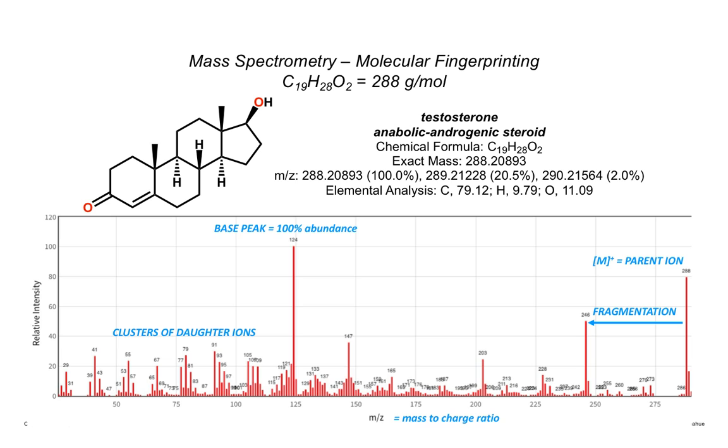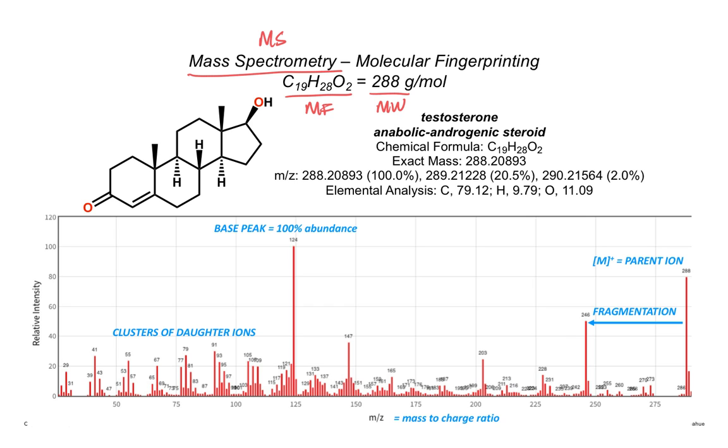And so what is mass spectrometry? Again, abbreviated MS. It's basically molecular fingerprinting. And we went through the exercise of determining the molecular formula and then the molecular weight. But now what I want you to think about in terms of solving this problem is working backwards.